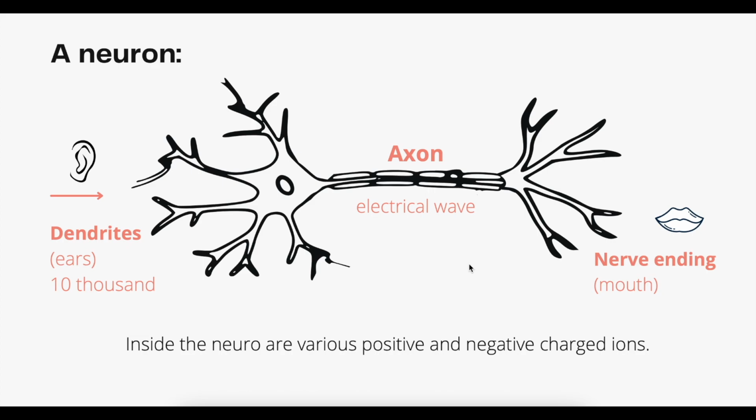Okay, so the information enters from here and, like an electrical wave, comes out from here and sends the information to the next neuron. Got it?